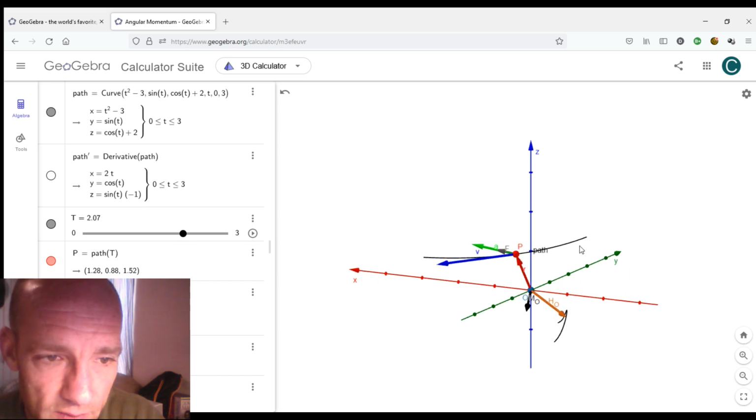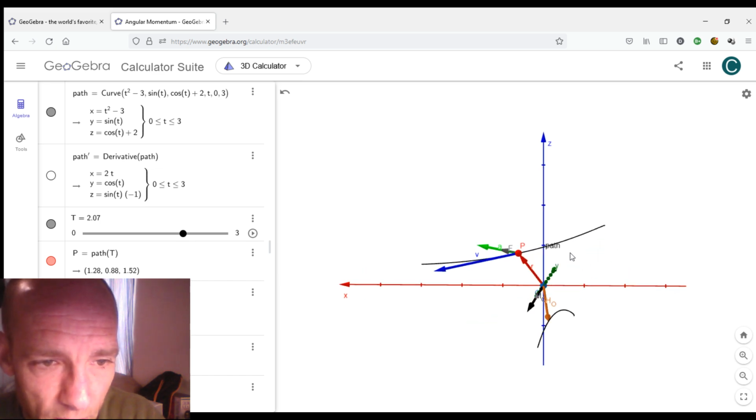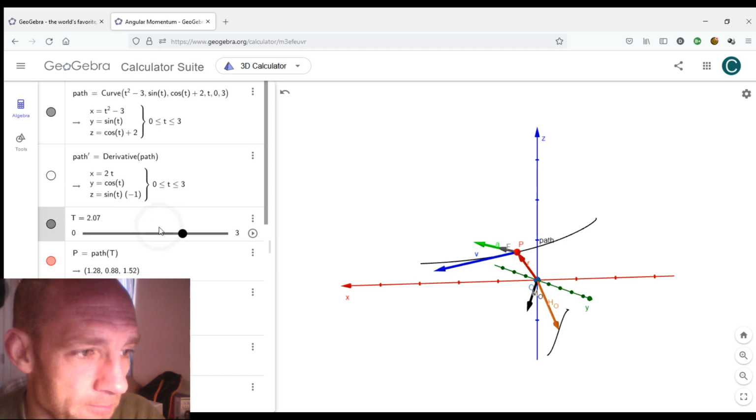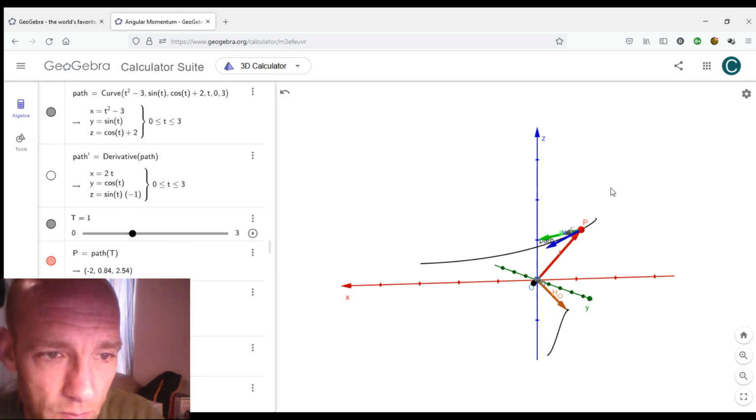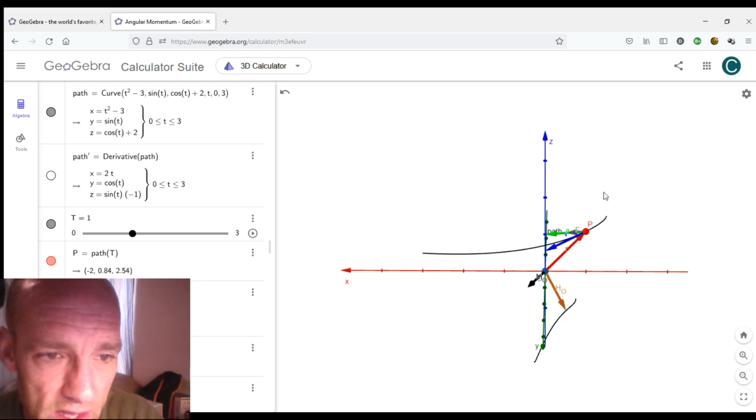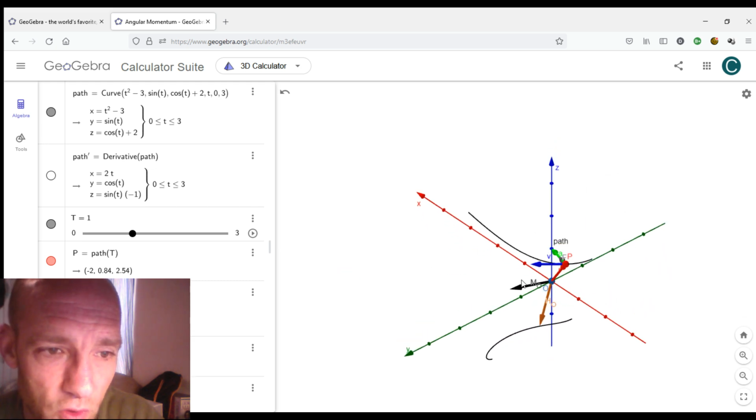And if you notice, it also shows the rate of change of the angular momentum.